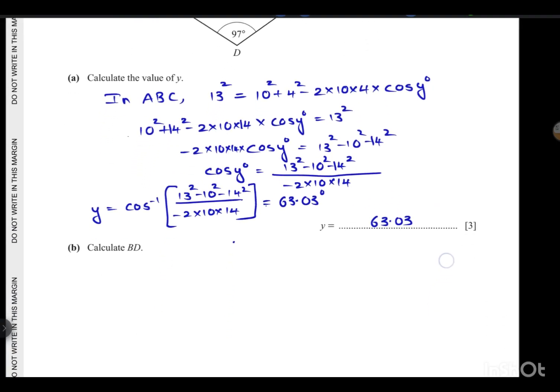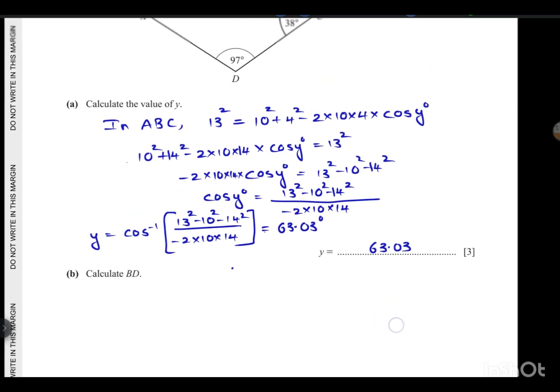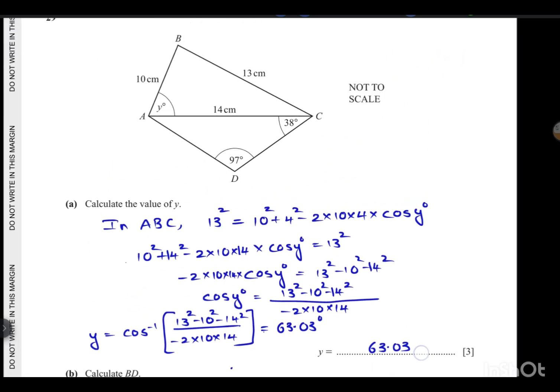Now B part, they are asking us to calculate BD. So BD is the line from B to D. This is the line. If we want to find this line, when you see this triangle, you should know one of the angles and two of the sides to get the side in that triangle.